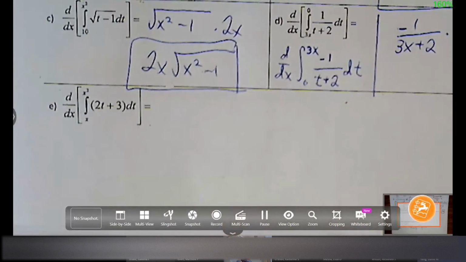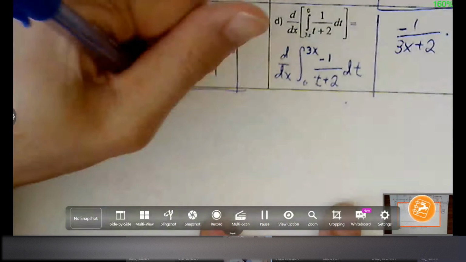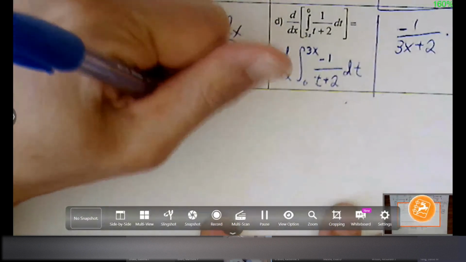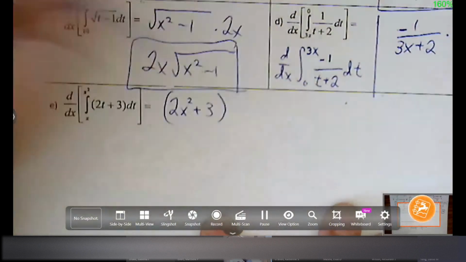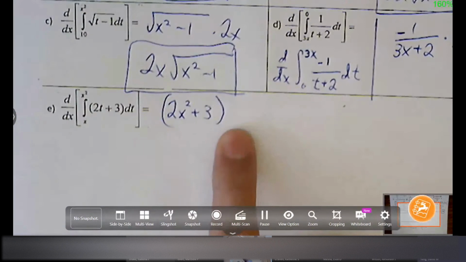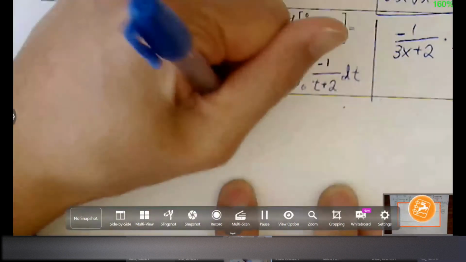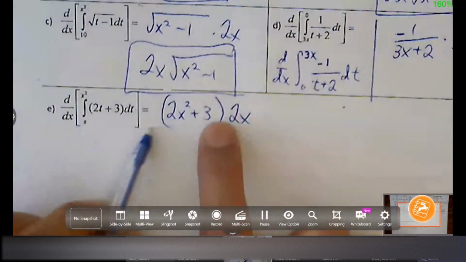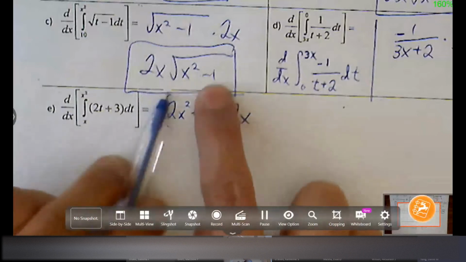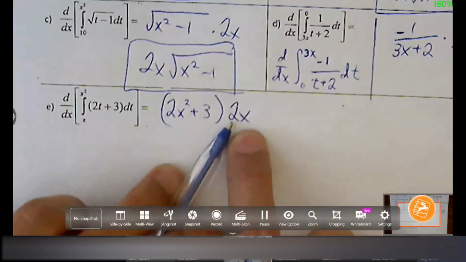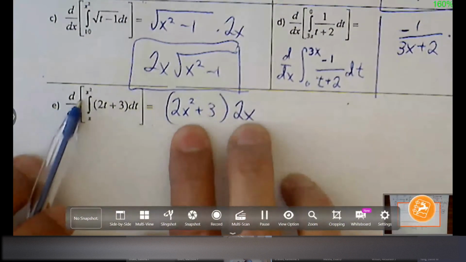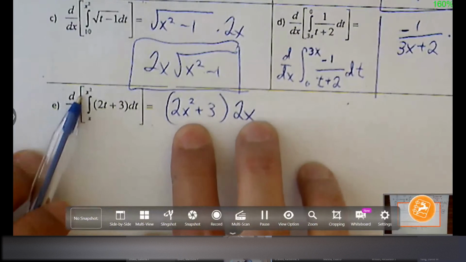So what would the first part look like? 2x squared plus 3 times x squared. Wait, times 2x. Yeah, times 2x, okay. Make sure you put this in a set of parentheses so that you remember that this entire expression is going to be multiplied by 2x. So I took care of my f of p of x times p prime.